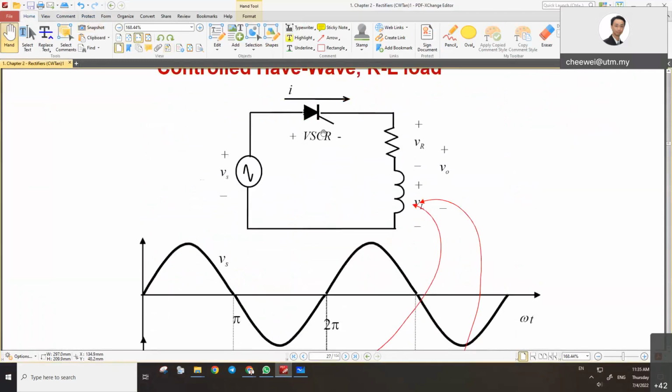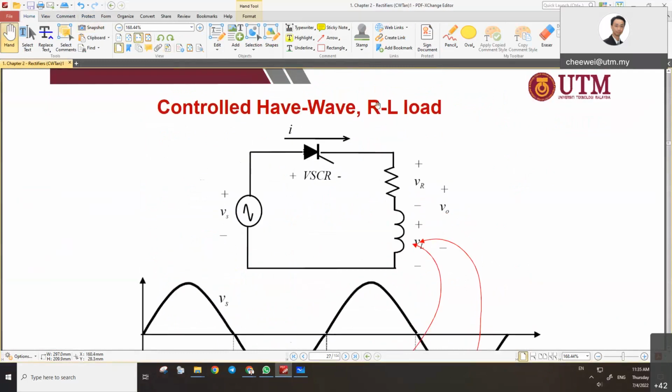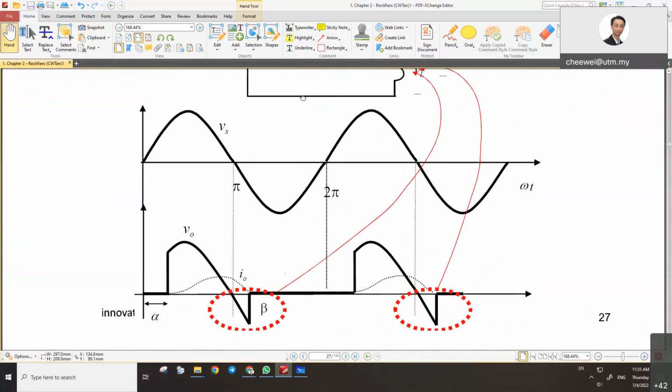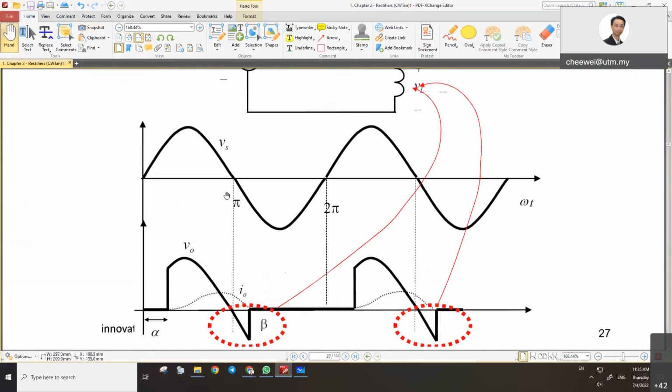If I change to controlled half wave RL load, then I'm using an SCR. What happened to the output is, instead of starting from 0, now it becomes delayed. It starts later on, so it's starting from the alpha value.